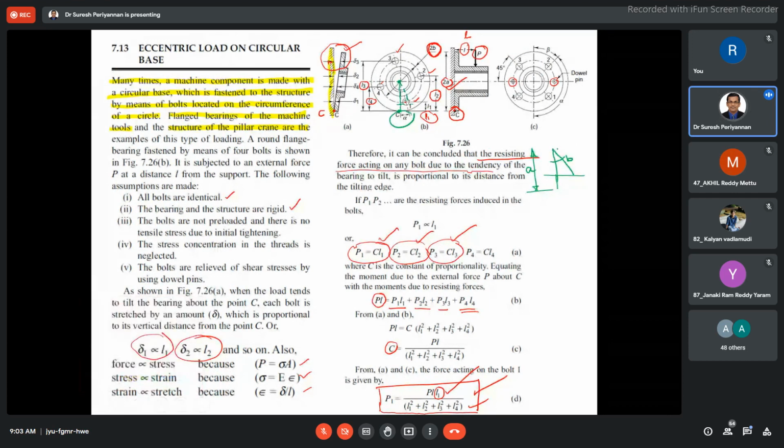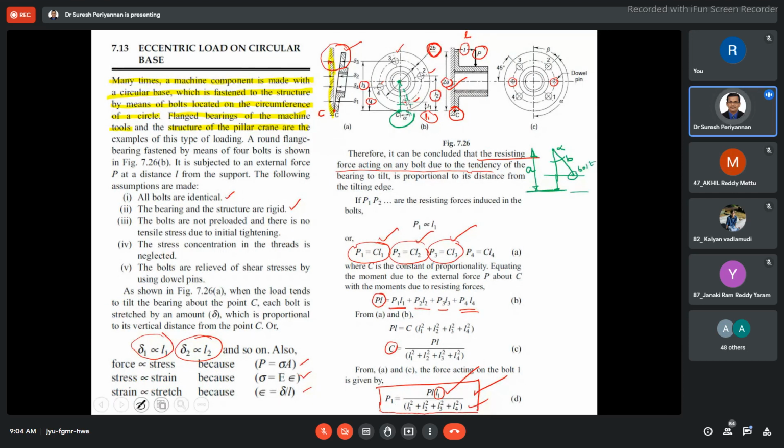This angle is alpha. Now I would like to find out, this is a point C, right? This is our flange, and this is our flange radius. This is b, the radius of the pitch circle. The bolt pitch circle is here, and this is a bolt. What is the vertical distance?